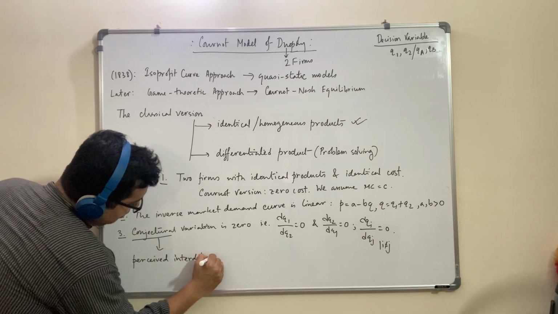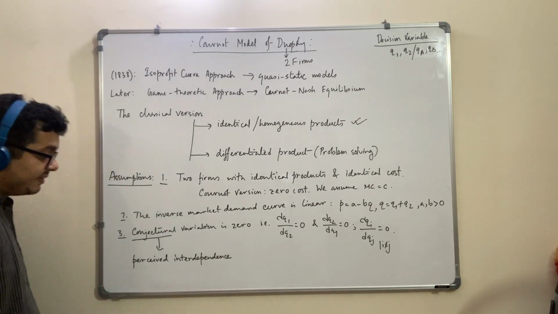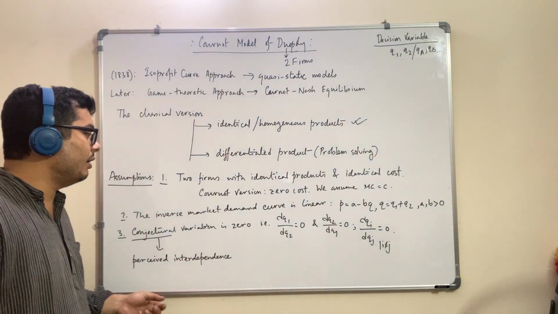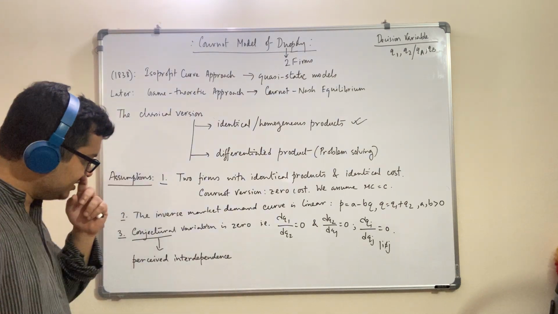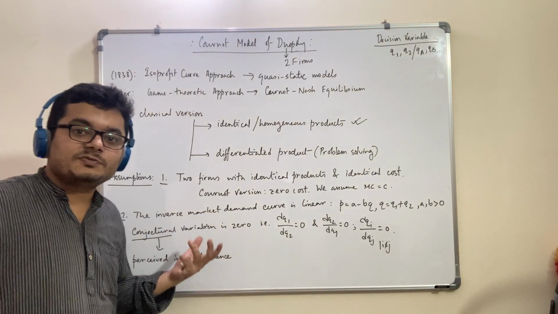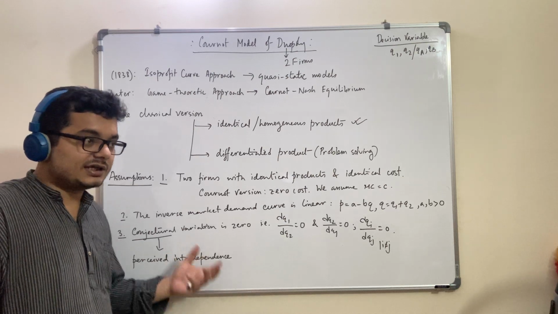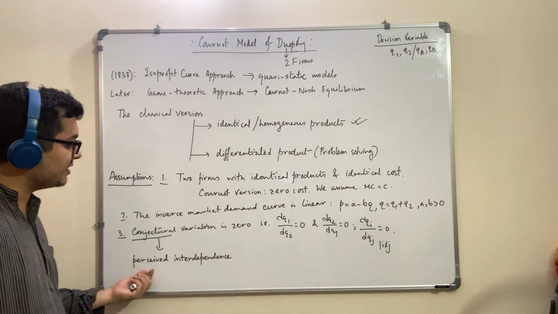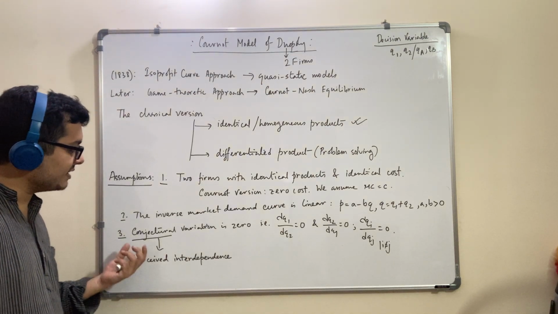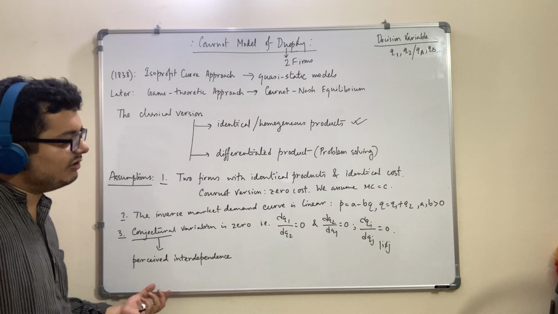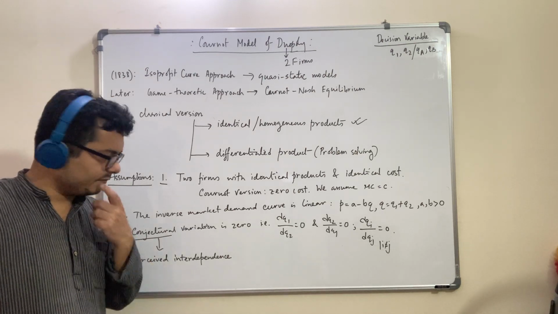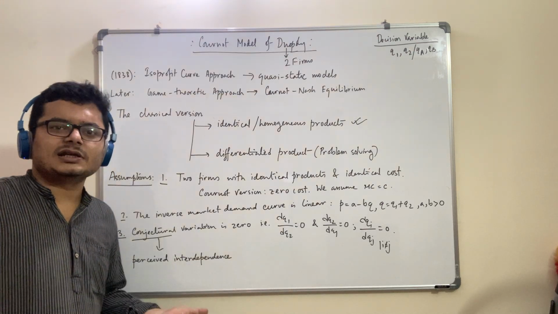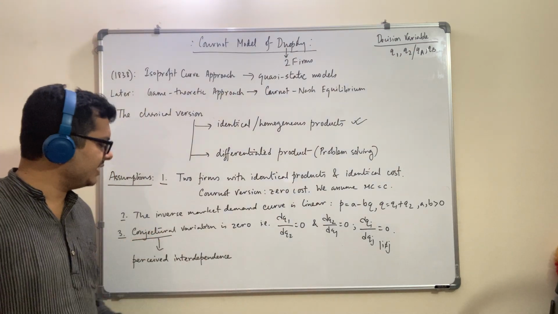So there is interdependence, but that interdependence may exist not in a real sense, but in the sense that if both the firms believe that their output is interdependent, then also they can start with this interdependence. So this is perceived, and that's how it is being played out in reality. Otherwise, there can be real interdependence, which they conceive and they play out.